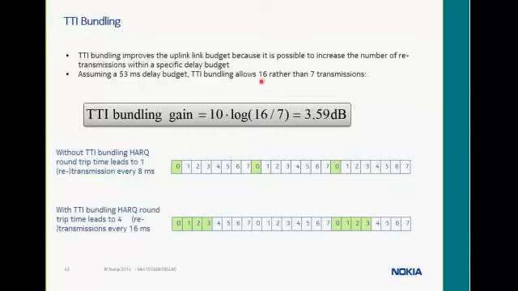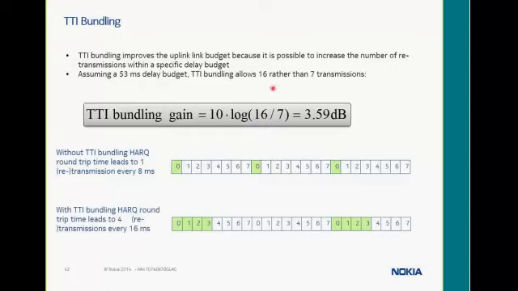In TTI bundling, in the same period of time, I can transmit 16 transport blocks. So in 7 of the regular TTIs, I can transmit 16 transport blocks in TTI bundling mode.